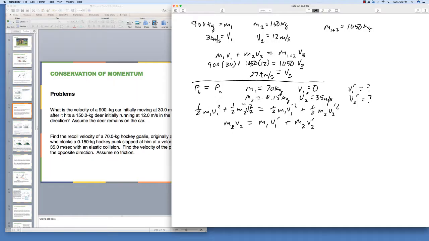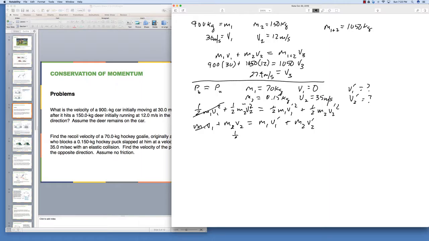And so V1 is 0, so we can get rid of this, and I already got rid of the first one, this M1 V1, so we got rid of that too. So you can put numbers in and you end up with two equations and two unknowns.